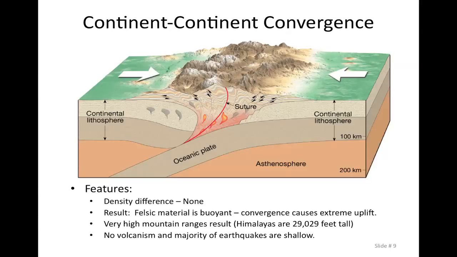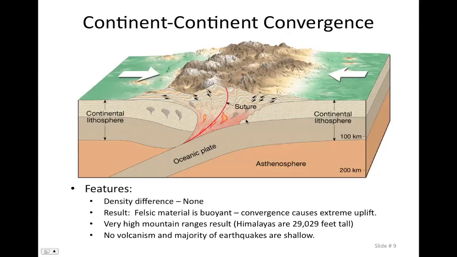Basically, the material is very felsic and buoyant, so because it just wants to float, the collision causes the height of these mountains. Now, as far as other geologic features are concerned, do we have deep to shallow earthquakes? Absolutely. We still have oceanic lithosphere here that's deeper, so you're still going to have the capability of having these deep earthquakes down here, although less likely because there's no movement. They can still happen and do still happen.